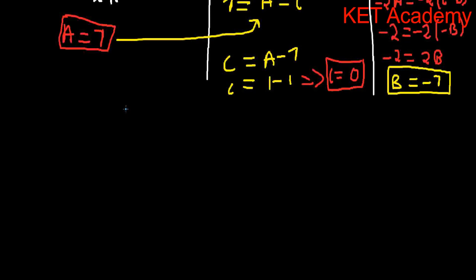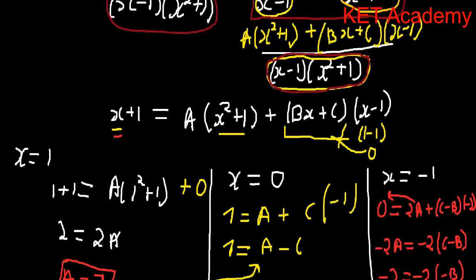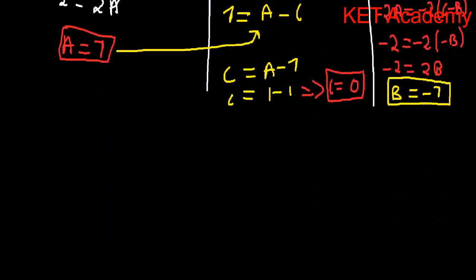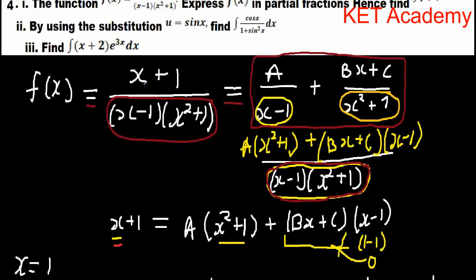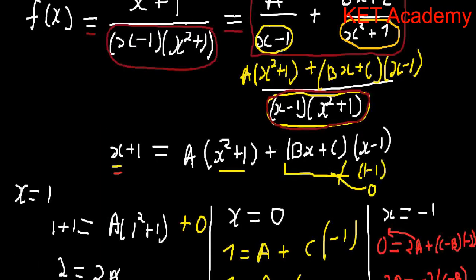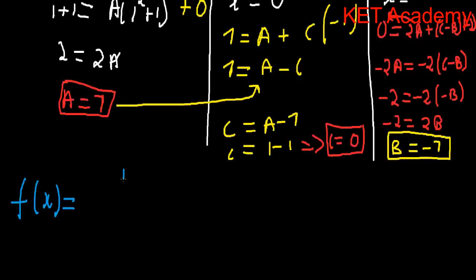So what we need to do is simply substitute in our function here, in our f of x. That will be our partial fraction. So we know that f of x will be equal to a divided by x minus 1. Our a was 1, so it will simply be 1 divided by x minus 1 plus bx.